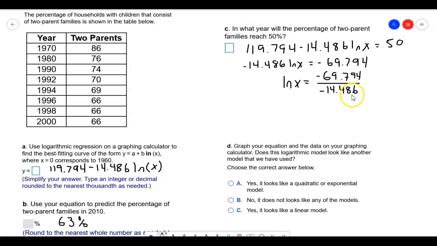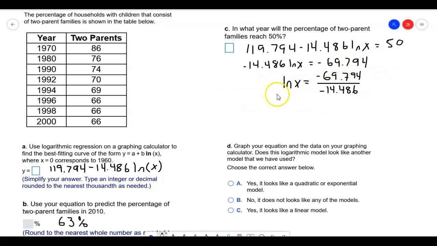Now, in order to get x by itself, we can exponentiate both sides. That means exponentiate means we basically do e to both sides, and so these are going to become the exponents of e.